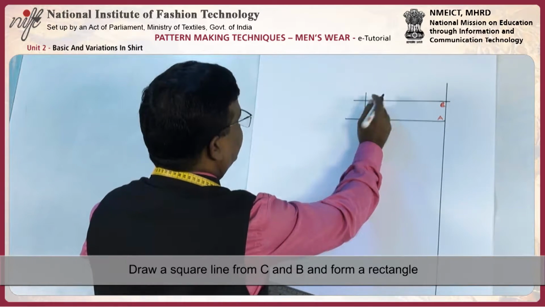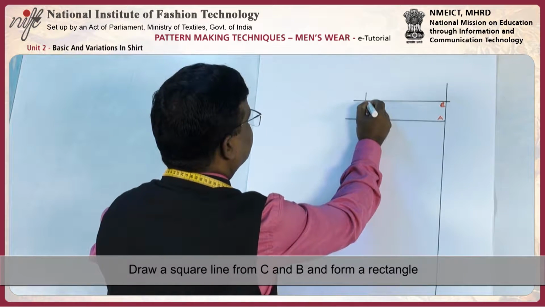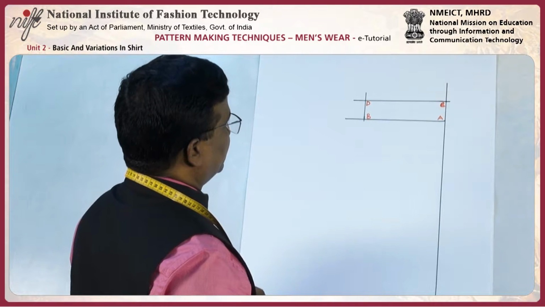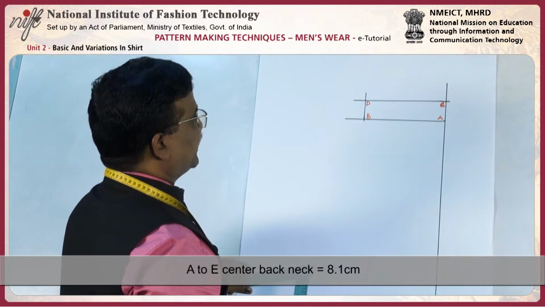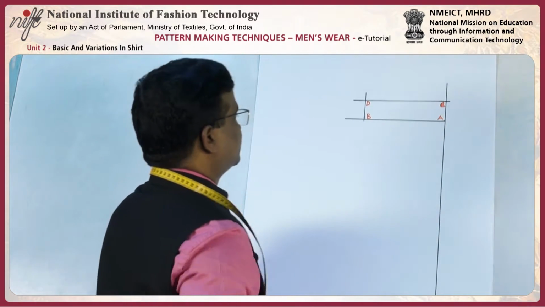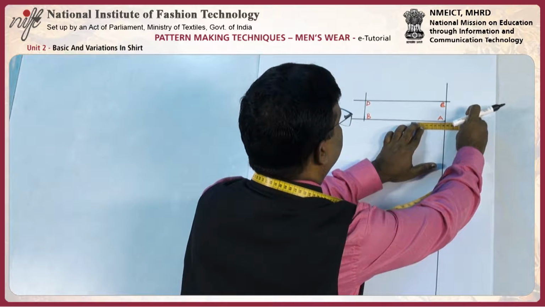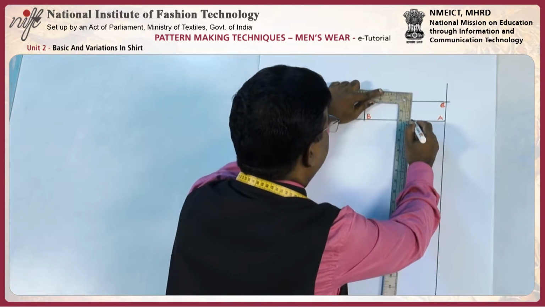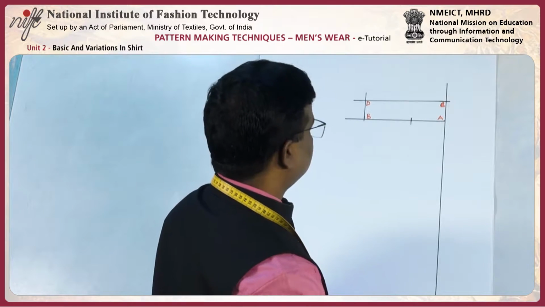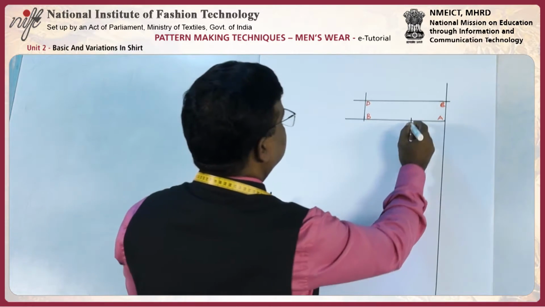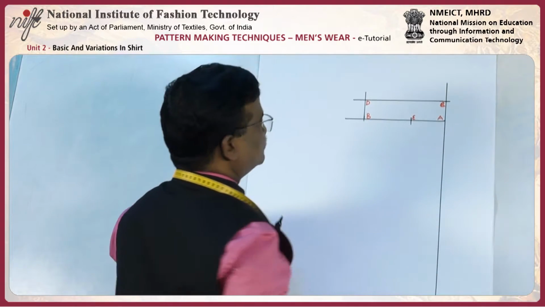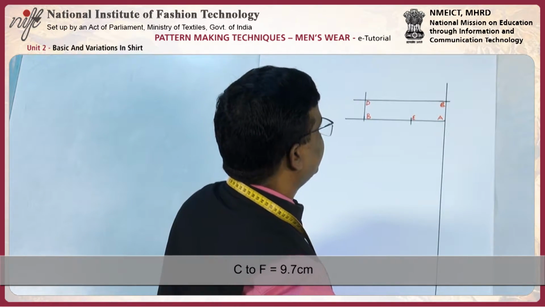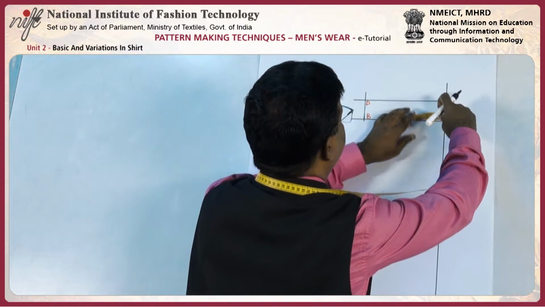The intersection will be D. A to E, 8.1 centimeter. A, C to F, 9.7 centimeter.